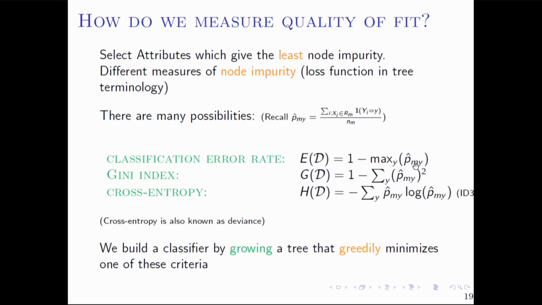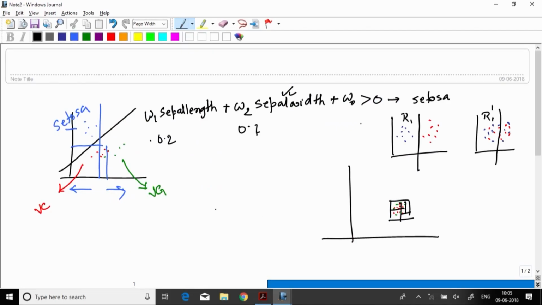In the region Rm, what is the probability of getting class y? This p_mY is defined as the number of nodes with yi equal to y and xi belonging to Rm, divided by the total number of nodes where xi belongs to Rm.